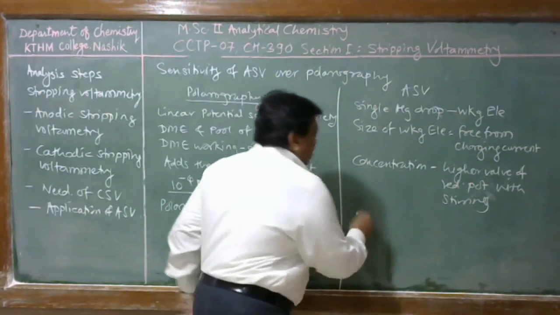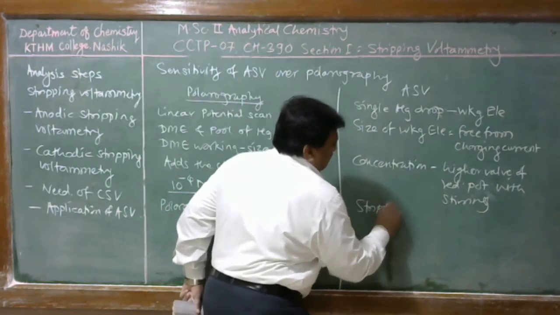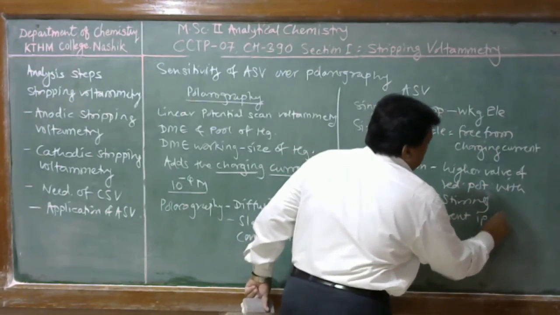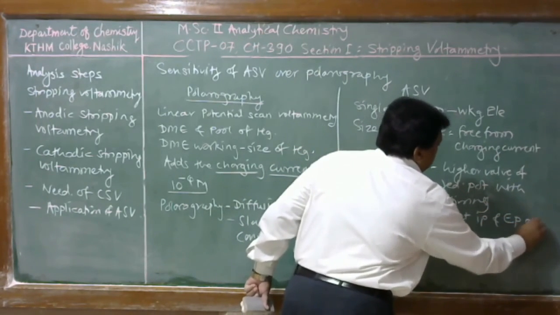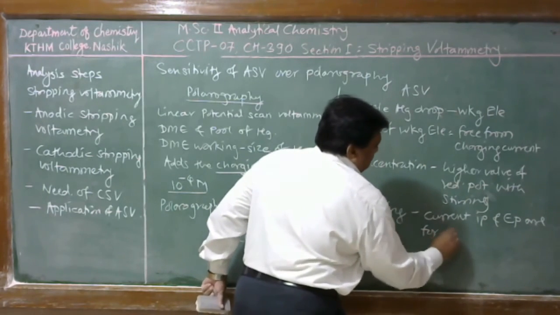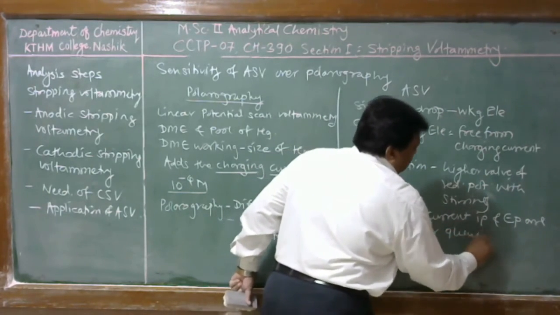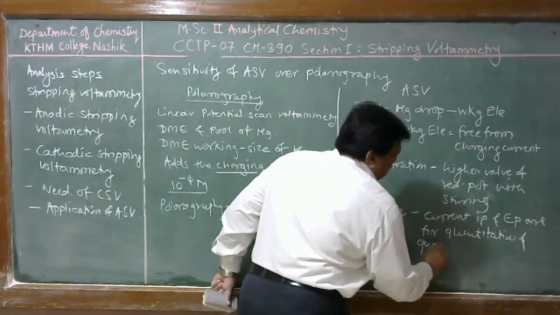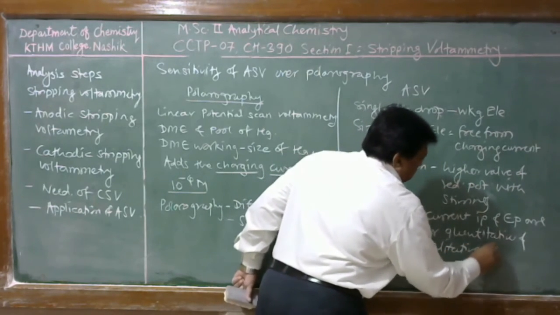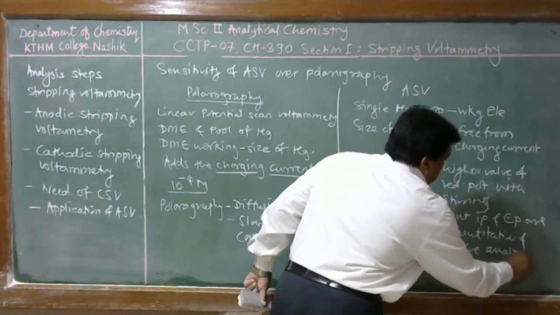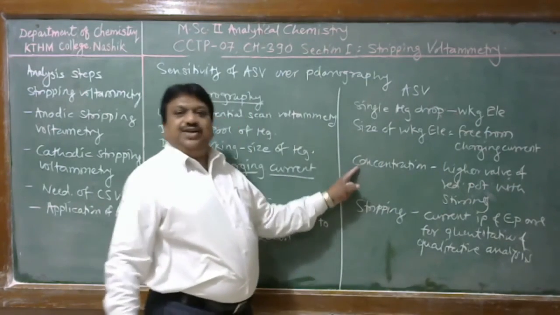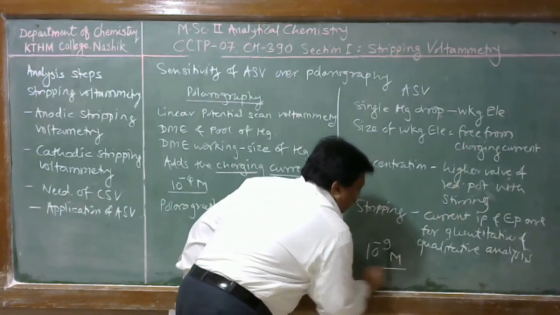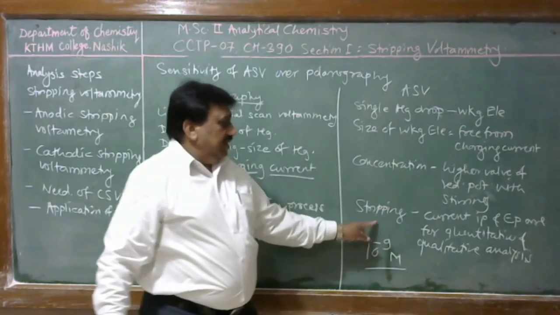And in the stripping step, only the current, that is IP and EP, are measured for quantitative and qualitative analysis. Here, the detection limit for stripping voltammetry is up to 10⁻⁹ moles.